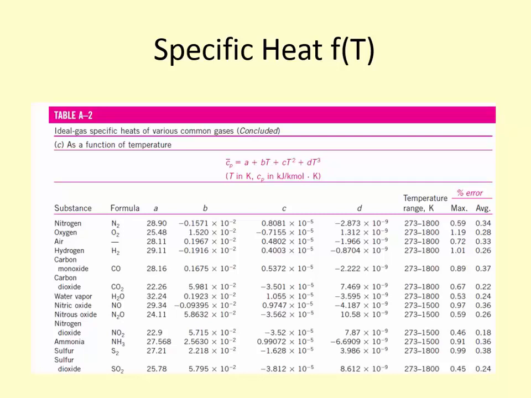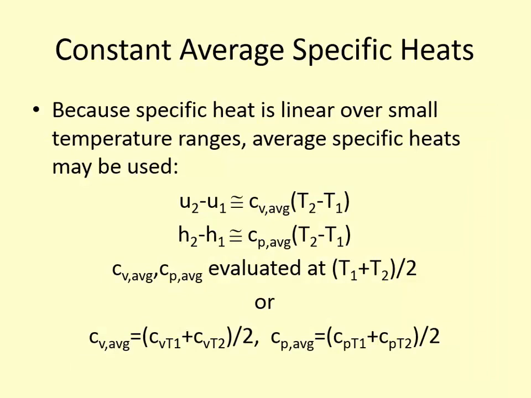So nitrogen or ammonia will have a different set of constants that go into that equation, but the relationship is the same, or can be approximated as the same for all real gases. So you can take this equation and integrate to find a functional relationship for real gases as a function of temperature in order to determine their C sub P or their C sub V.